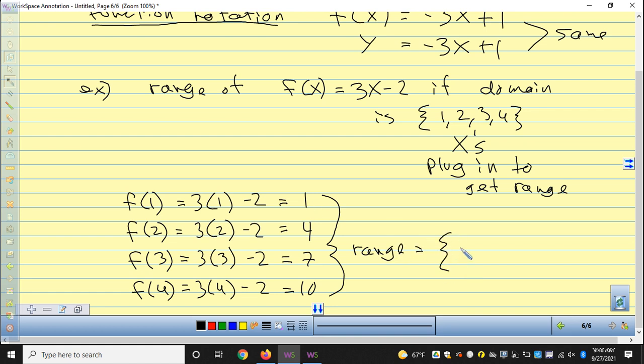So I'm just going to write those in a set, 1, 4, 7, 10. And these are my y values. They're what I get when I plug these x values into this function. So f of x equals is the same as saying y equals.